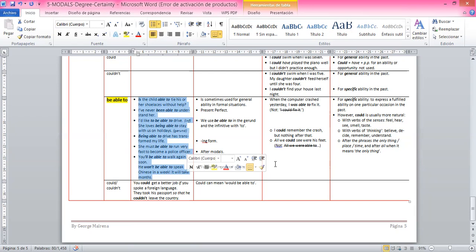Being able to drive has transformed my life. She must be able to run very fast to become an officer.